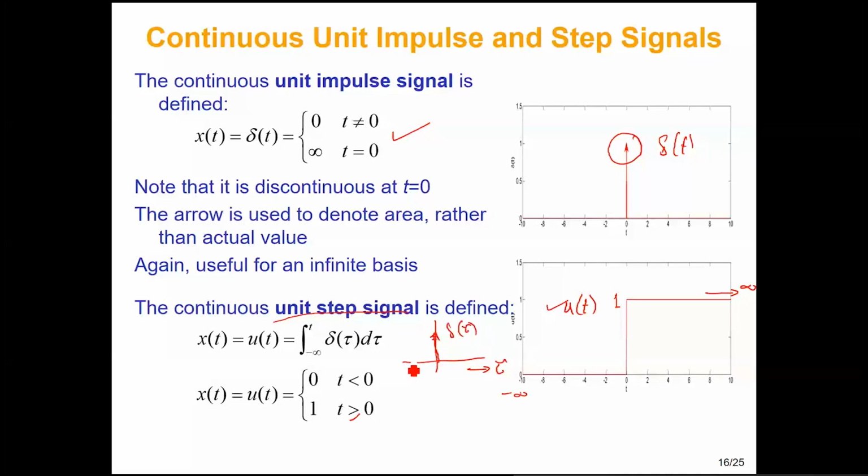So the area from minus infinity till any time t, and you plot that area. When the value of t is, let's say, minus 2, minus 3, minus whatever negative value, the area will be 0 throughout.